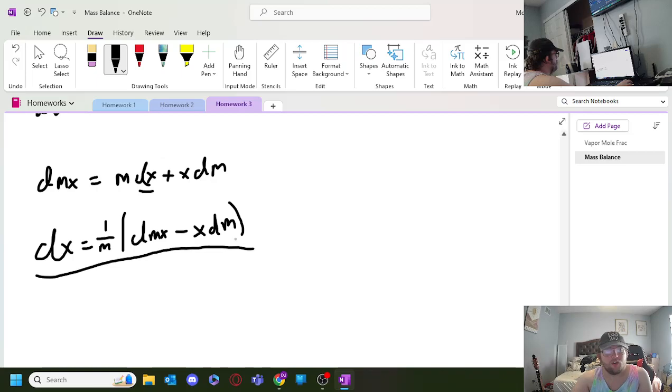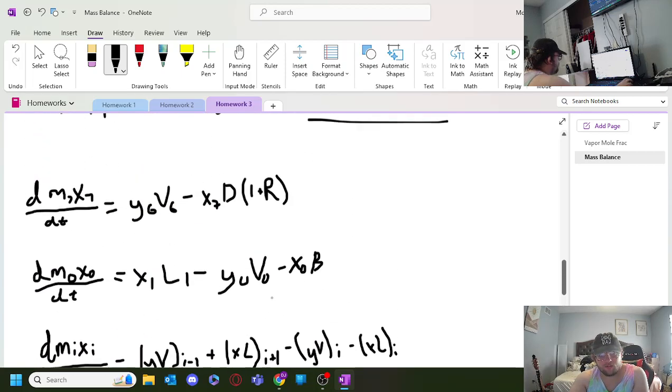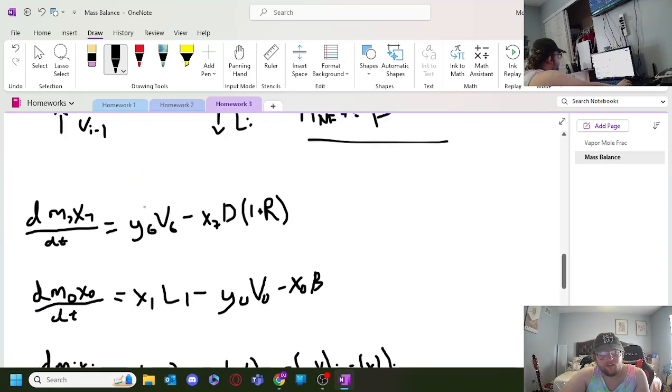So now we got our ODE, our ordinary differential equation here, which we'll solve using SciPy when we get to coding. But now that we have that, now we need to actually start getting values for these V's, L's, V's and D's.